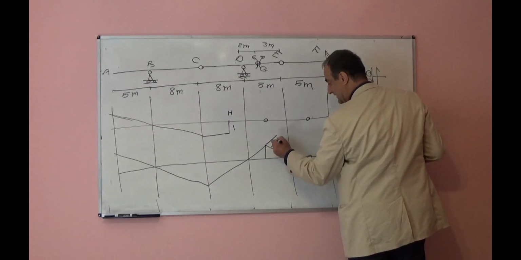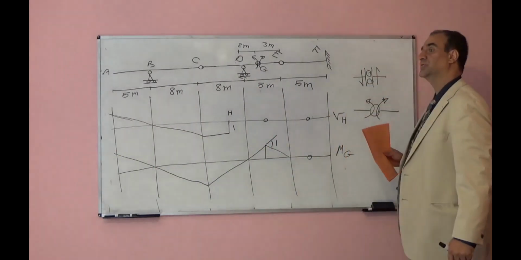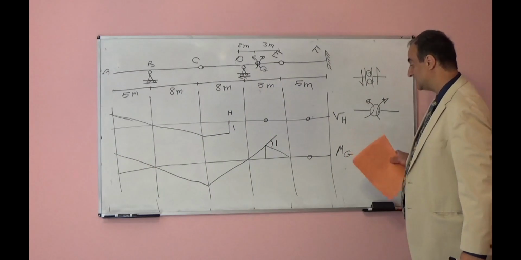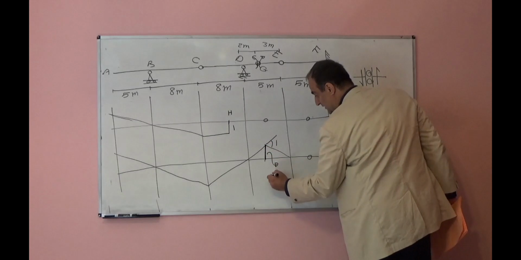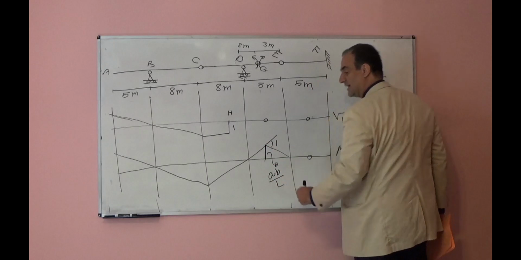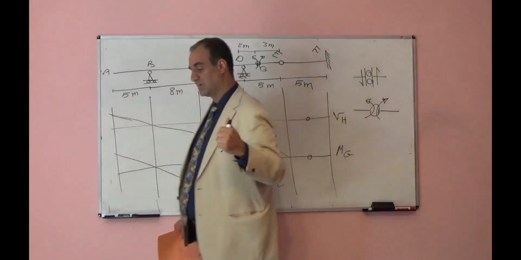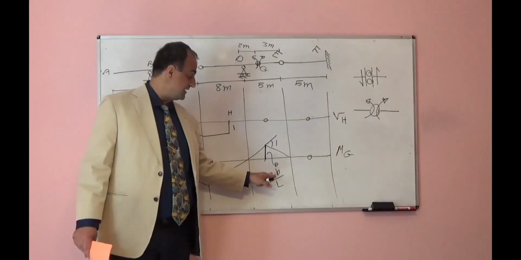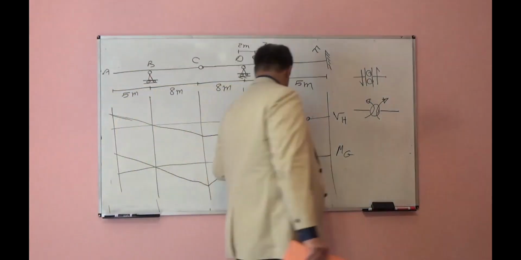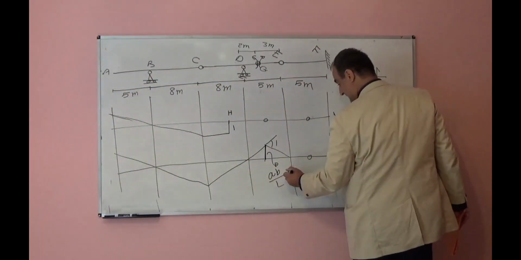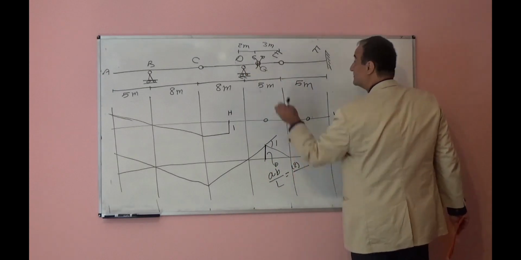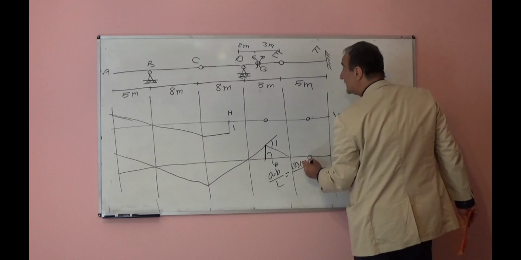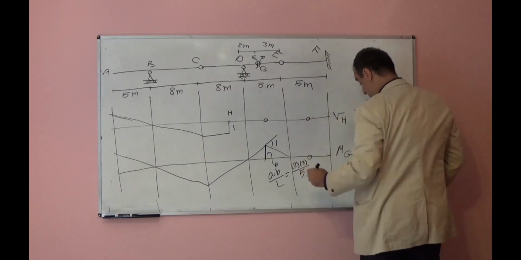Now this angle should be equal to unit rotation, and this height should be equal to, you can prove it, A times B over L. Last session, using the equilibrium equation, I showed that this should be AB over L. This height should be AB over L. A here is 2, B is 3, L is 5.